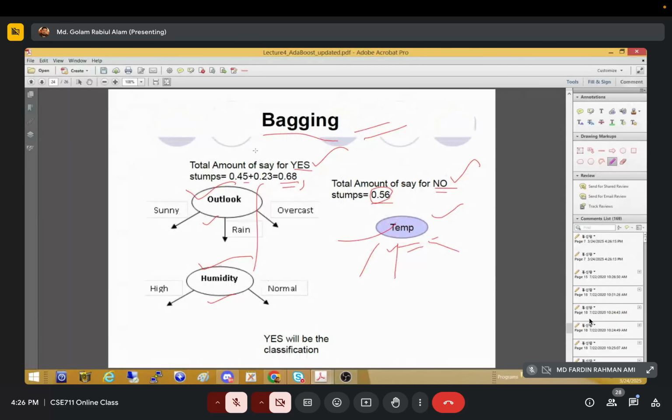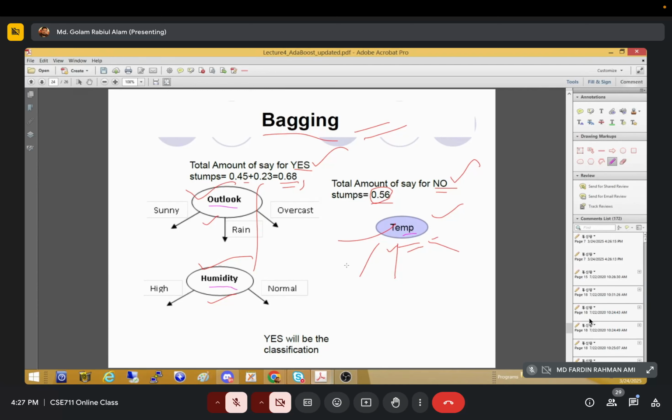for classification purpose. Okay? Like last class we discussed the construction of three stumps. We constructed just the outlook, and then we also assumed that, based on the data set, we can get two other stumps like humidity and temperature.